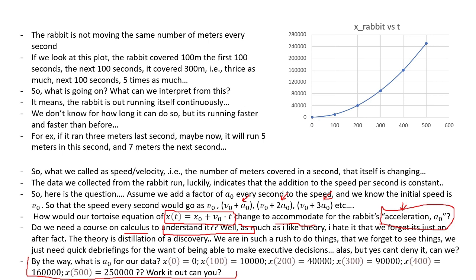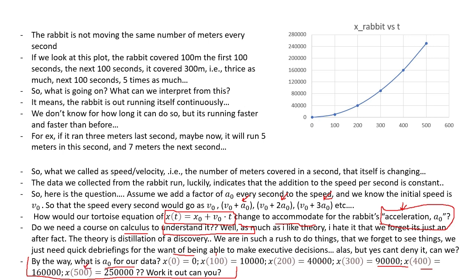So here are the data points which we observed for our rabbit's run, where at time instant 0 its position was 0, at time instant 100 seconds its position was 100 meters, and at time instant 200 seconds its position was 400 meters, and finally 2500 meters at 500 seconds.